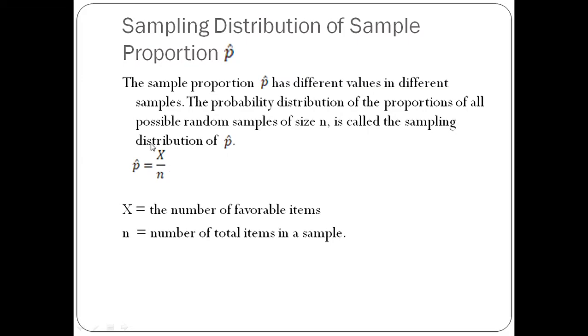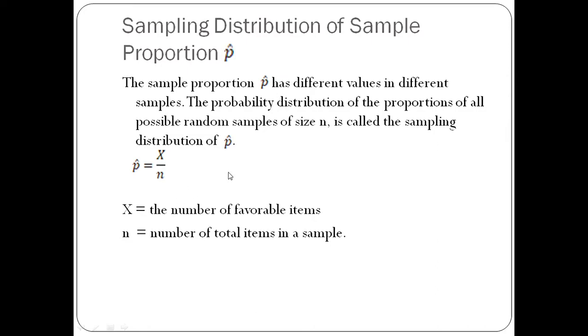Now what is the proportion? Proportion is denoted by p cap, and it is equal to x by n, where x is the number of favorable items in the sample and small n is the number of total items in the sample.